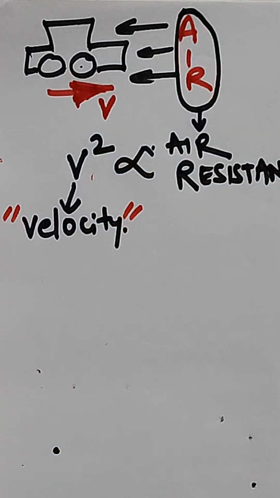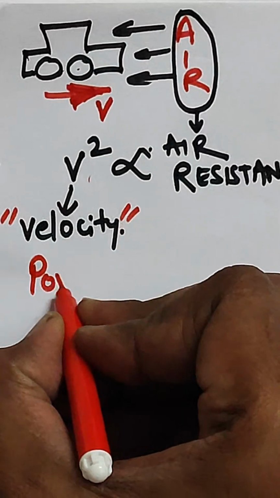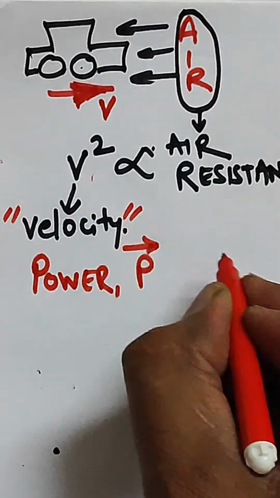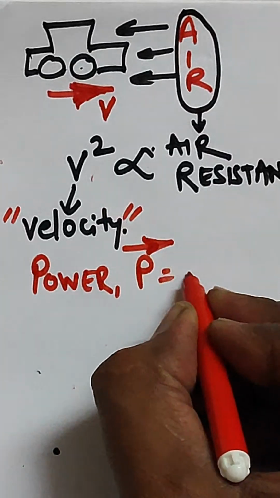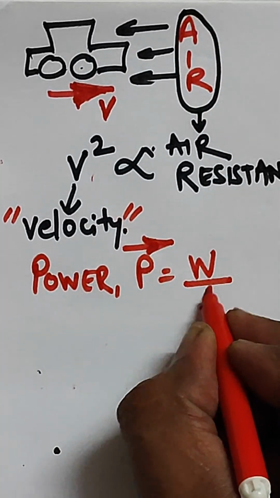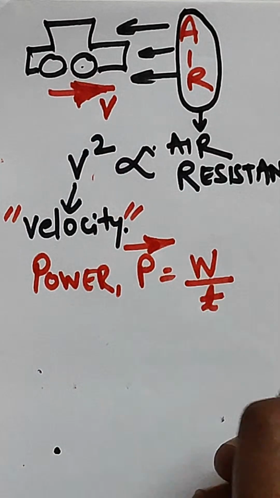To find that we need to understand one formula, that is the average power. The average power can be written as work done per unit time. This is power.